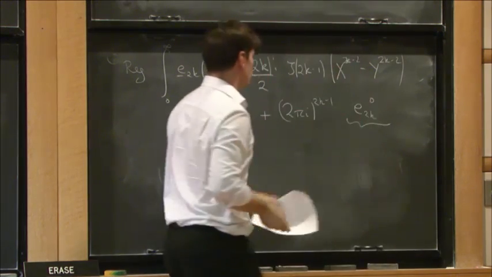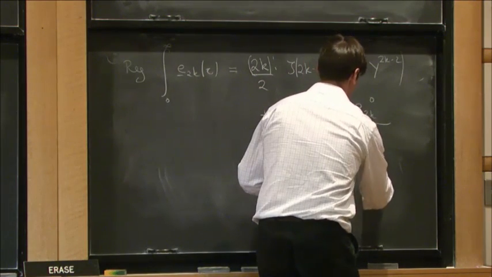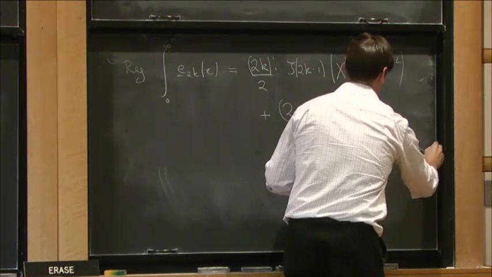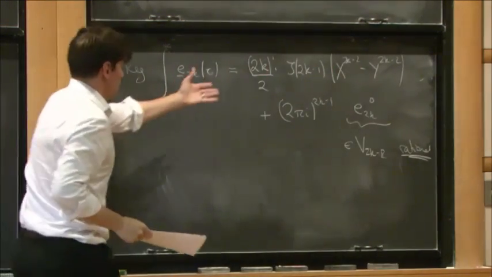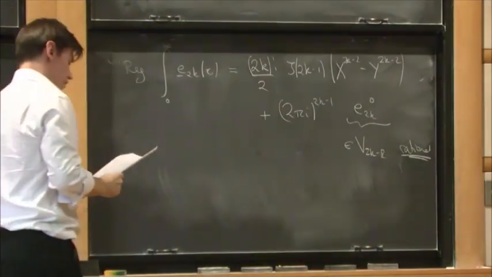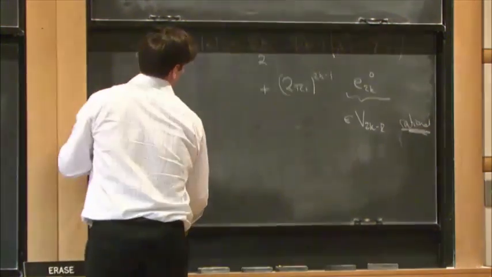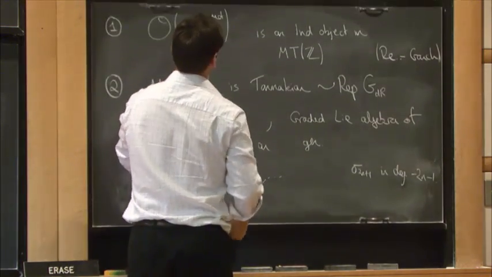So this is some polynomial you can write down explicitly, but the key point is that it's rational. But we see a single Riemann zeta value appearing. Okay, so that's what was known certainly over 50 years ago.